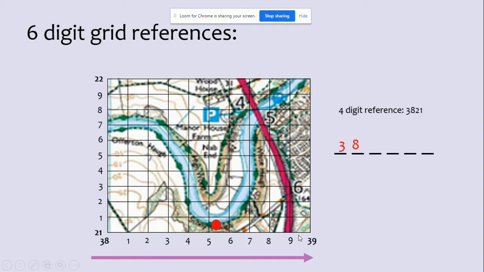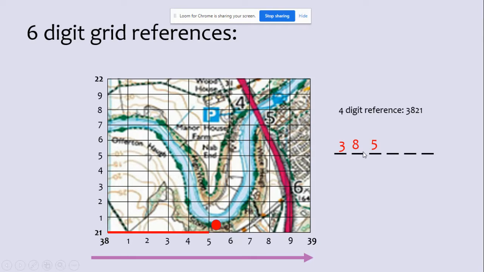So we need to divide it into 10. We've got box 0, box 1, 2, 3, 4, 5. So we can see it's in box 5. So digit number 3 is going to be 5. Our first 3 digits are 3, 8, 5.